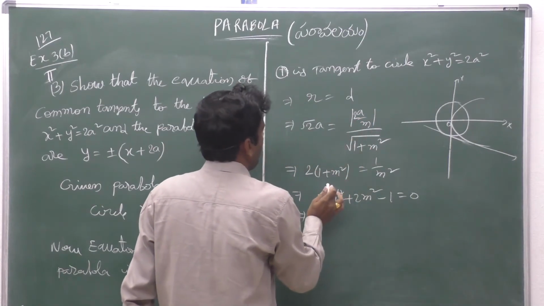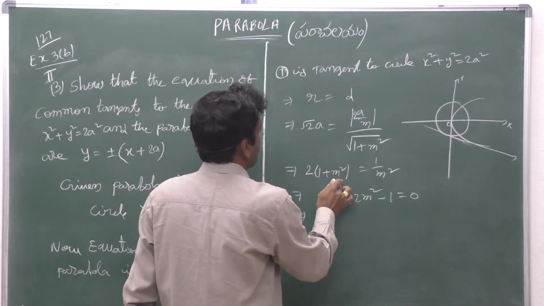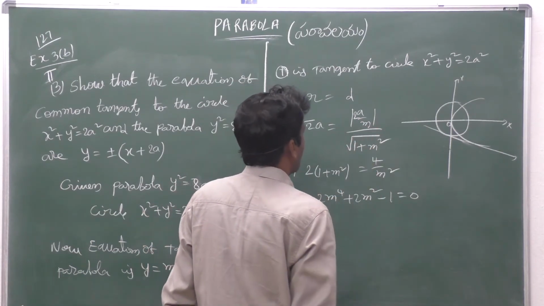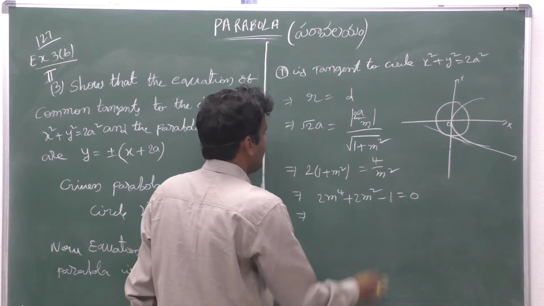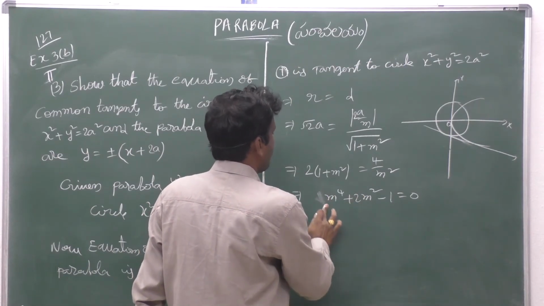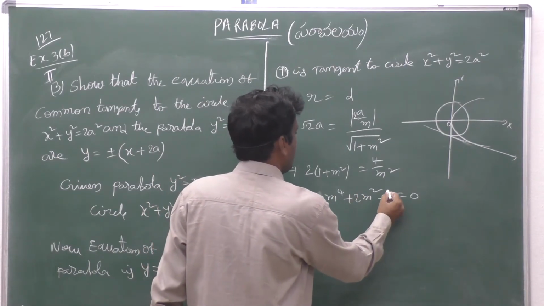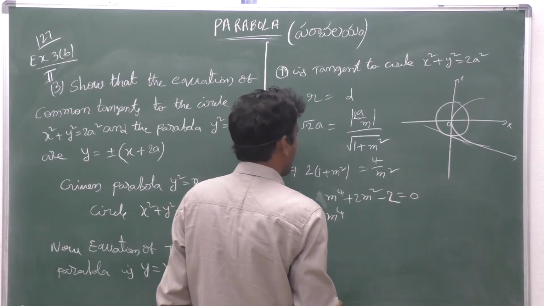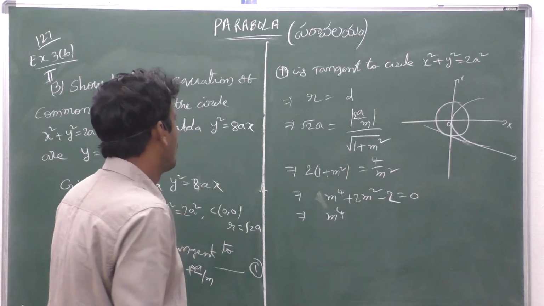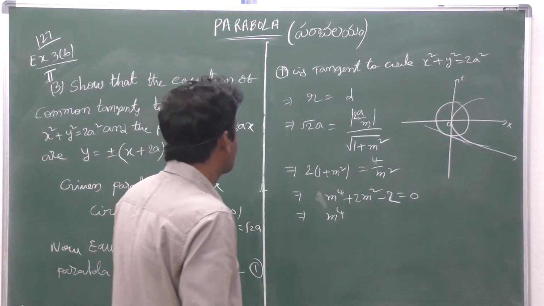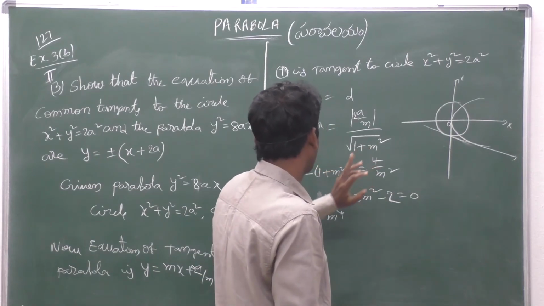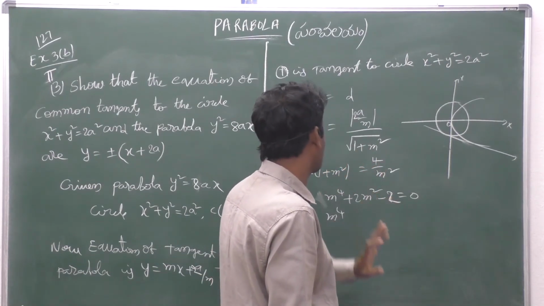A cancel, 2 into 1 plus m square, 4 by m square, cross multiplication, that is m power 4 plus m square minus 2 equal to 0.